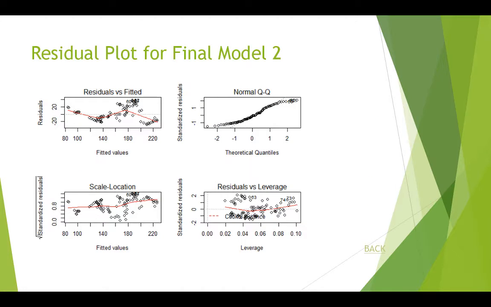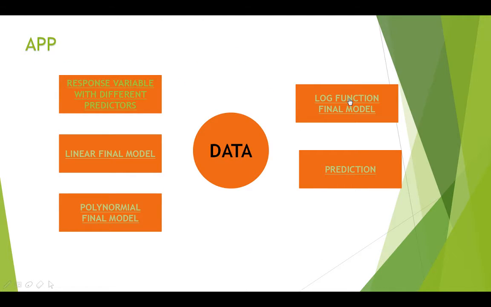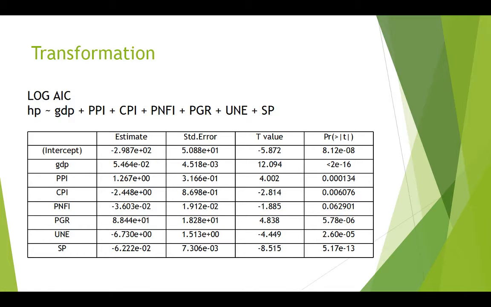However, there is still one thing we should check, its residual plot. The result of residuals versus fitted values shows a clear trend, which is bad news for us. So we need to figure out a way to fix this problem. Then we try log transformations. We can remove GDP from our model after using log AIC selection.